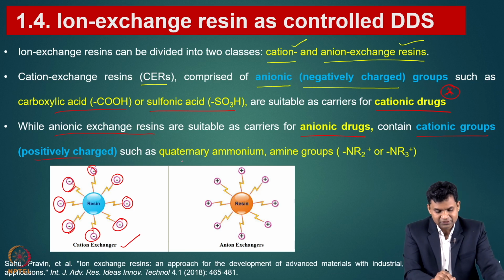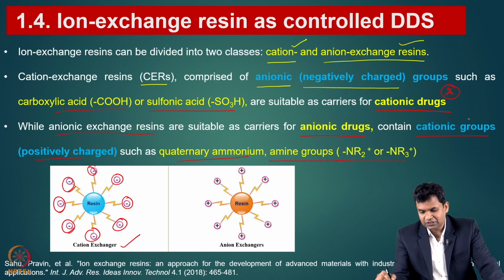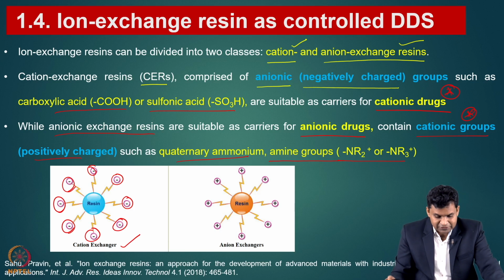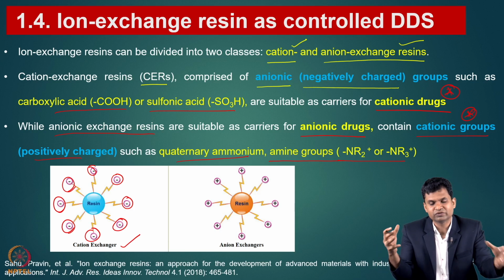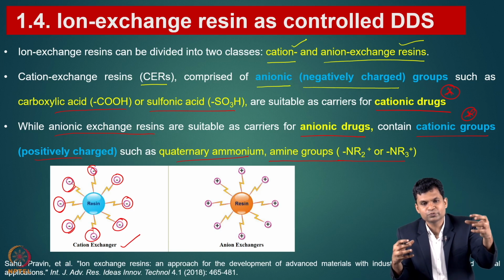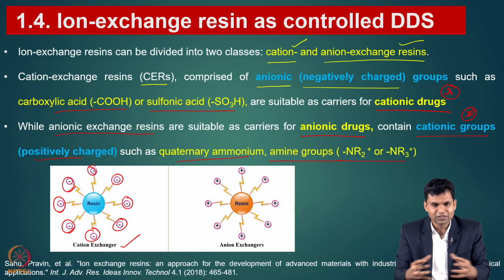As we know, quaternary ammonium and amine groups show the positive charge that needs to be present in your anionic exchange resin, so that you can use anionic drugs. With that we can make a bond between the cationic groups of the resin and anionic drugs. So, that makes the complexation.